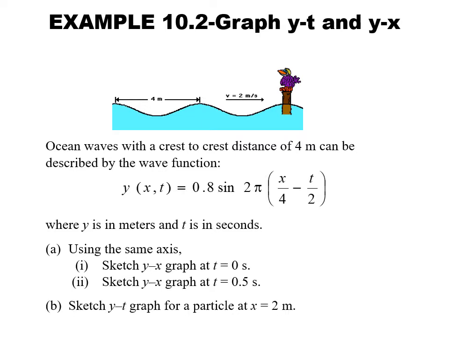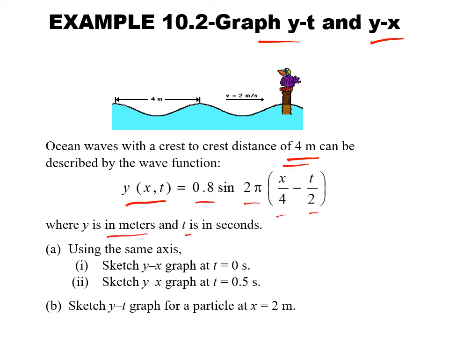Example 10.2. You need to sketch the graph of y against t and y against x. Ocean waves have a crest to crest distance of 4 meters, and can be described by the wave function y in terms of x and t equal to 0.8 sine 2 pi (x over 4 minus t over 2), where y is in meters and t in seconds.